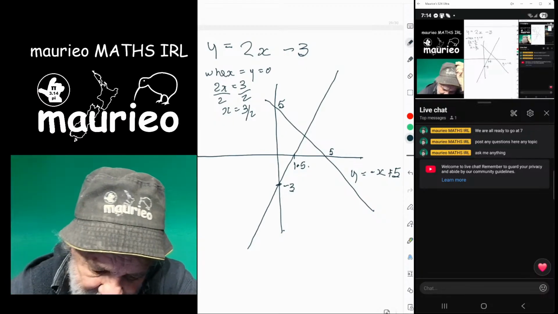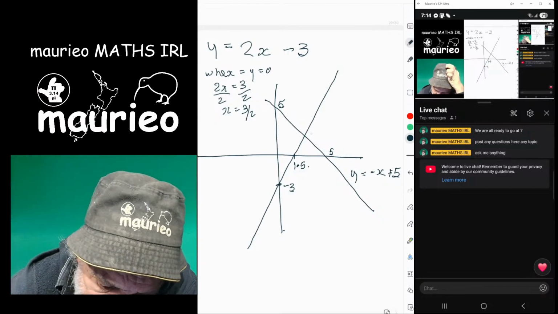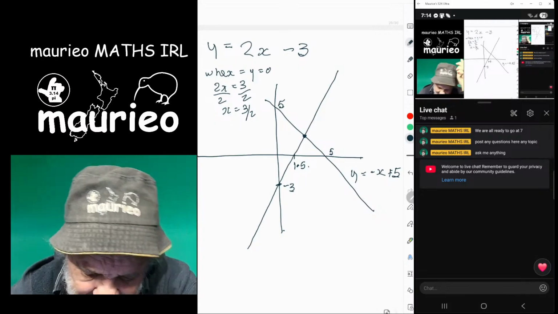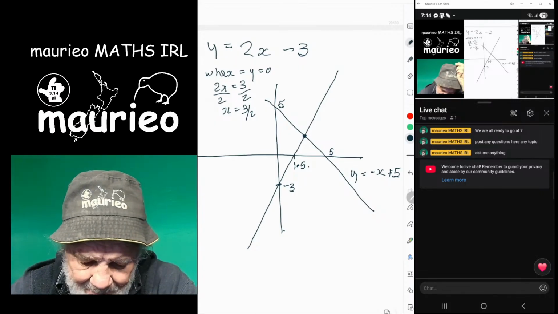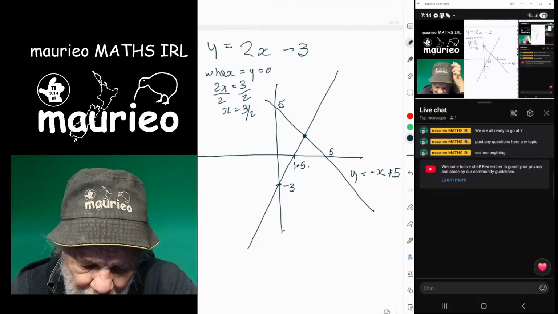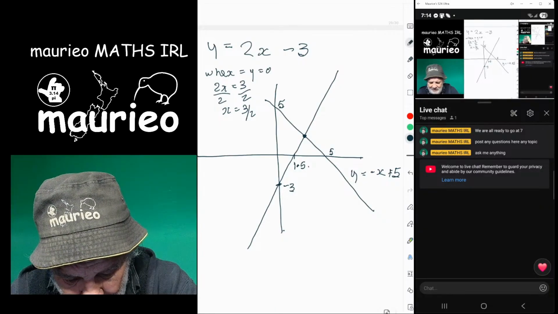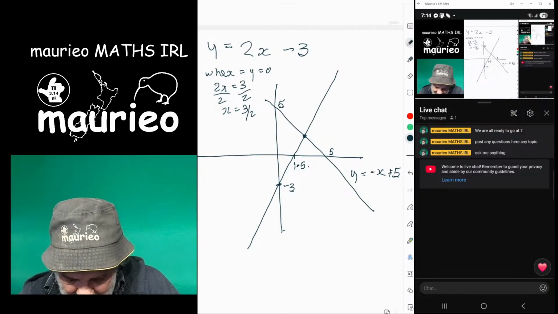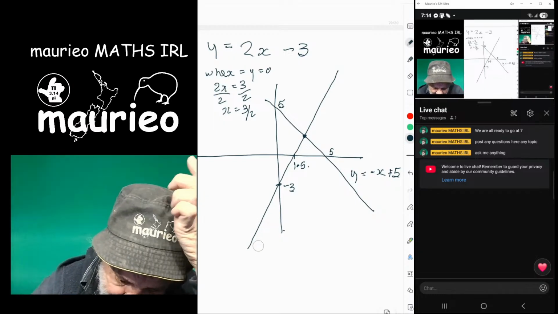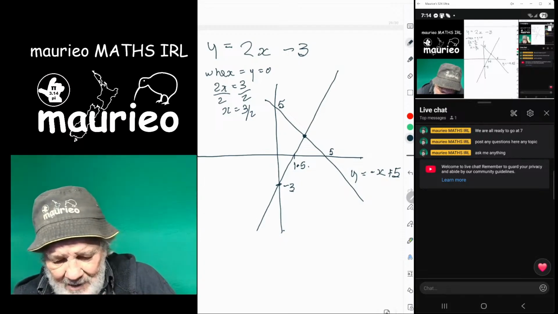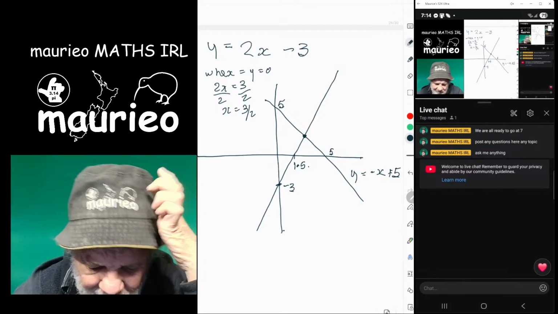Okay, and the two of them, what we call intersect, interestingly. And they intersect at that point there. And so what is that point? What's happening at that point?